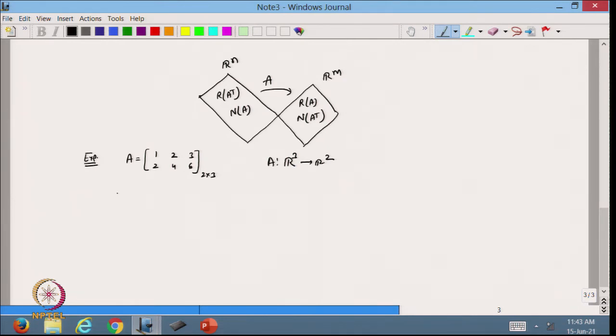First, I take Ax equal to 0, the homogeneous system.